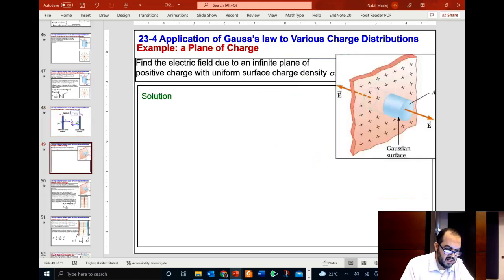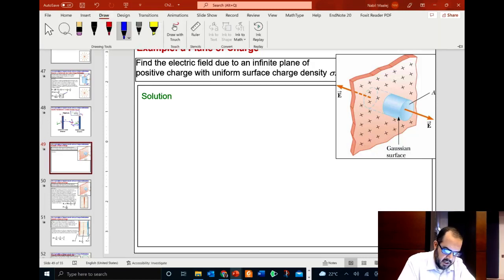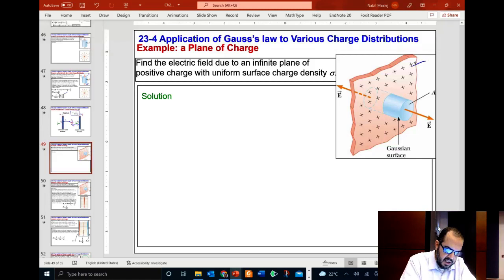So last time we did this one, and let me quickly repeat it. This is a surface with a surface charge density sigma, and we want to determine the electric field, so we made a cylindrical Gaussian surface.